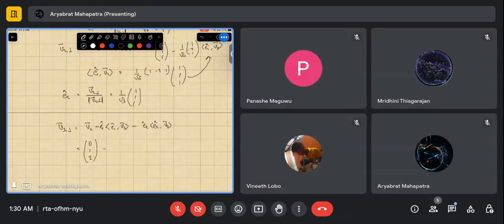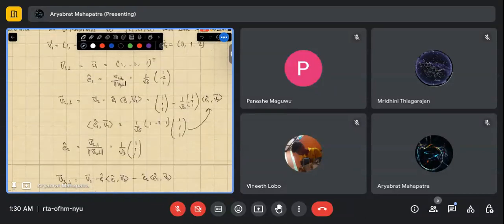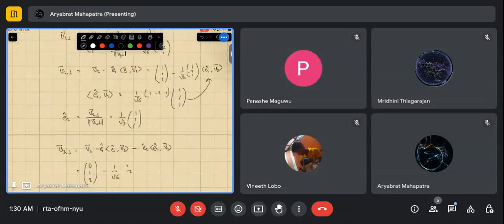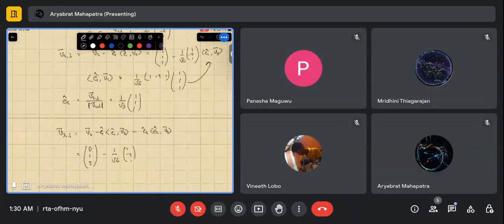The same way you'll do with E1, plus 1 over root 6 times (2, 1). In the same way you will calculate this inner product. E2 is just the final expression which we got here, and the same way you can calculate this inner product.